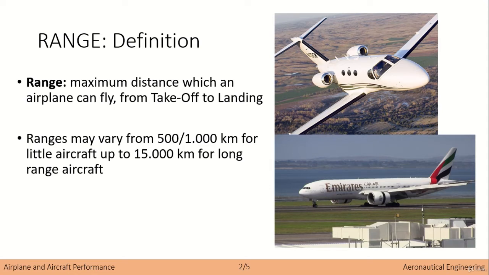Now there's also a lot of aircraft which are around 6 to 8,000 kilometers in range, which is a normal operational range. But if we need to travel a very long distance, then we need to ensure that our aircraft can have a very long range, such as 15,000 kilometers.